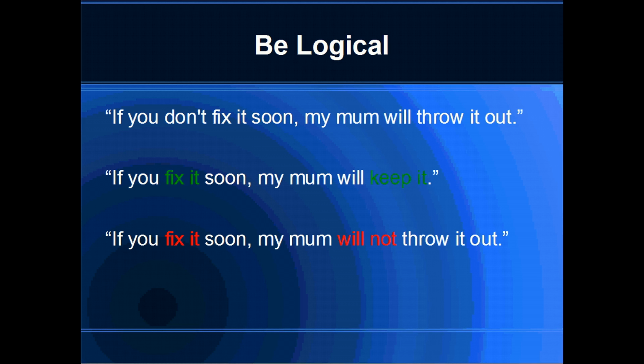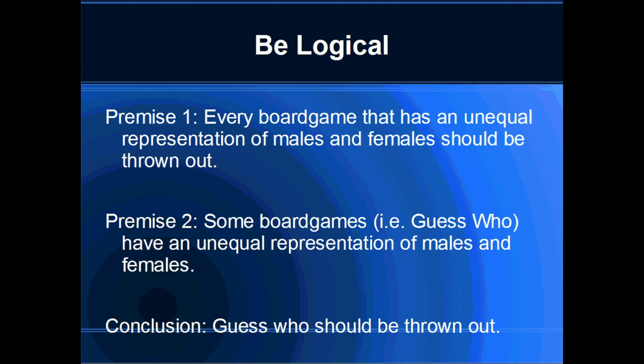Now, lastly, I want to give just one final categorical syllogism. So, premise 1: every board game that has an unequal representation of males and females should be thrown out. Premise 2: some board games, such as Guess Who, have an unequal representation of males and females.